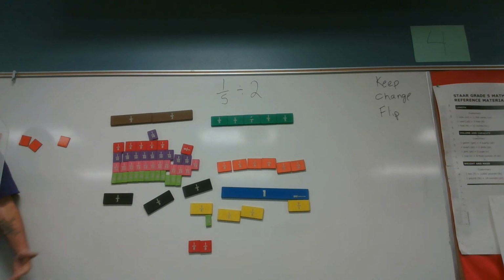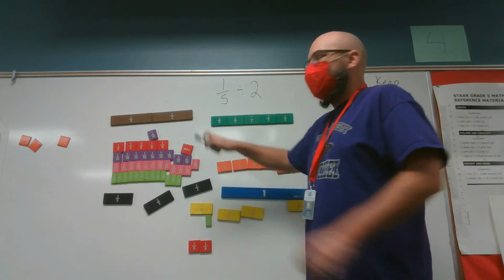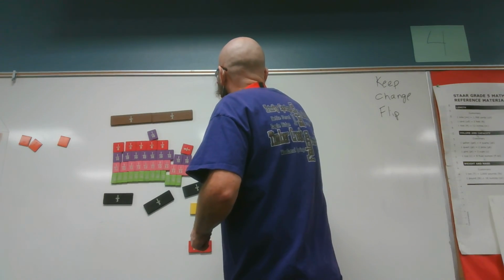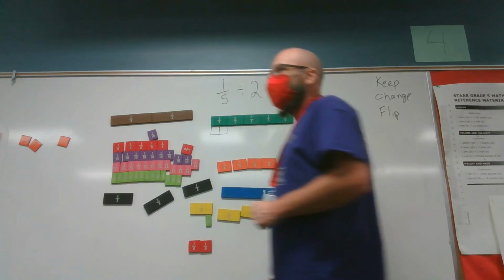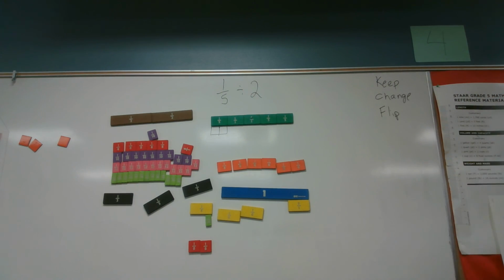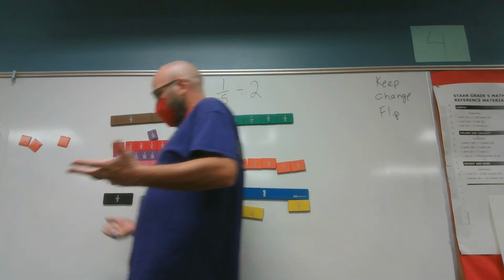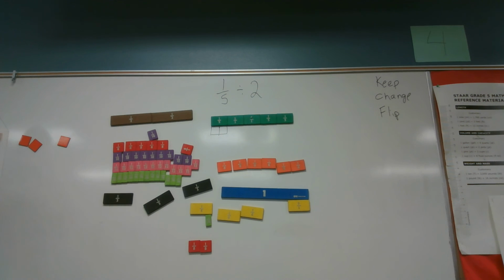So then she says, all right, Sophia and Carly, I will take my 1/5, and I will make it into 2 pieces, and I will give you each one of those 2 pieces. But Carly's like, well, that's really small. How much of this whole sandwich did I really get?